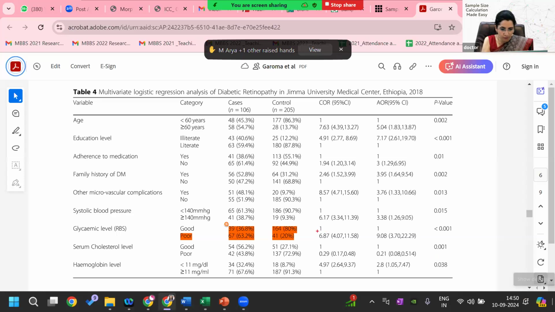But you need the proportion too, because at least one proportion and one odds you need. So if you see the glycemic level, 80, this is the cases. If poor glycemic control, 63.2% of people are there in the poor glycemic control in cases, whereas in control it is 20%. So this is how you have to see the input.